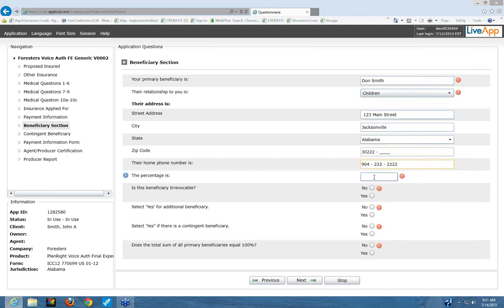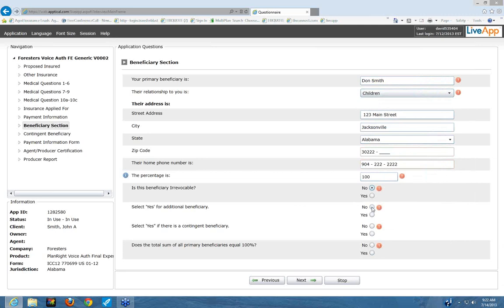And again, for ease of use, it's 100%. Always, always, always choose no for whether this beneficiary is irrevocable. If you don't know what irrevocable is, I'm not going to tell you. I'm going to tell you to go search it online. You need to know these things.